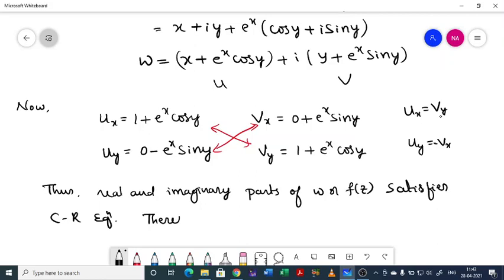Therefore w equal to f of z is analytic. So the function is analytic, and you can find its derivative.